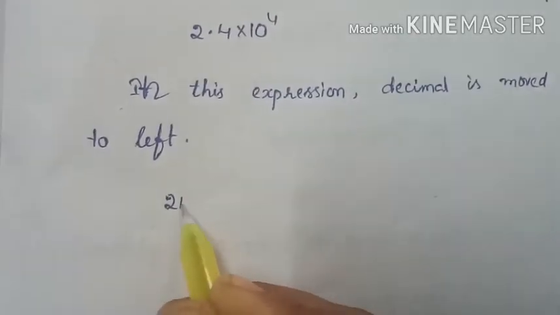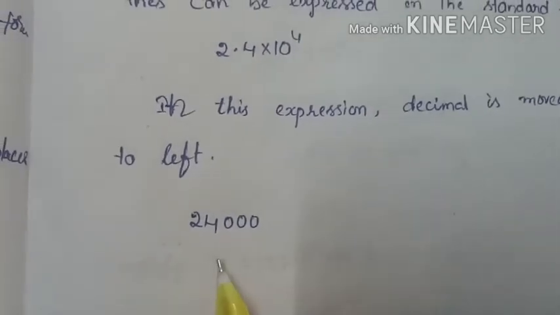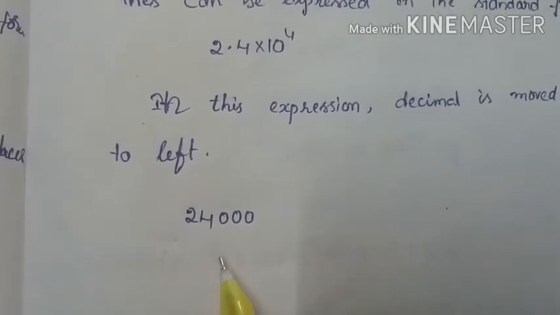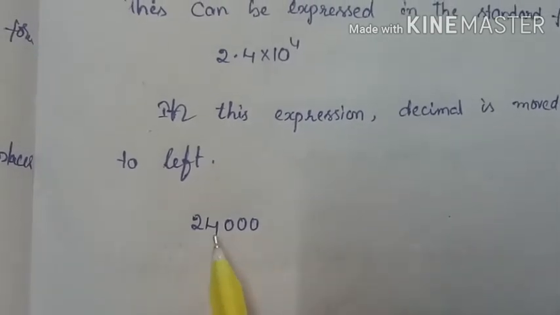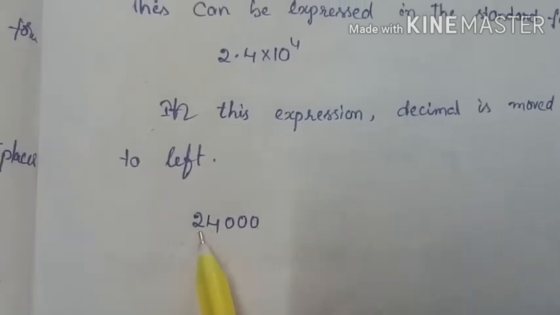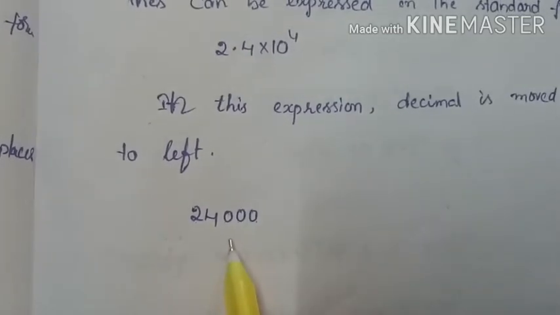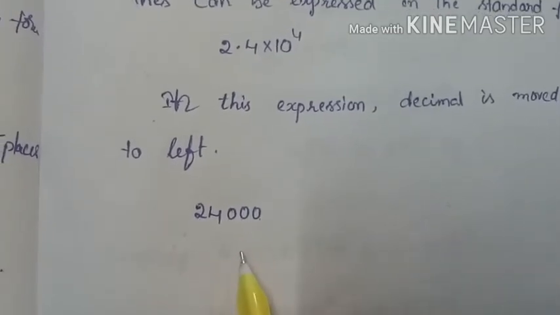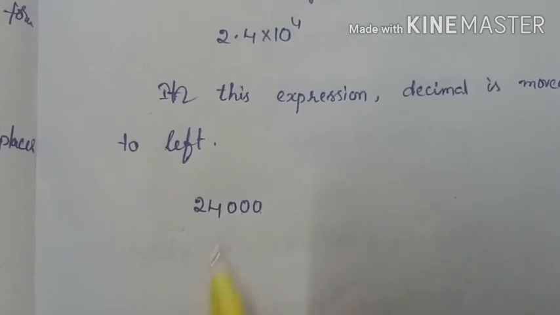Given 24,000, we know how to write the expression in standard form. It is far greater than 10, yes or no? It is far greater than 10.